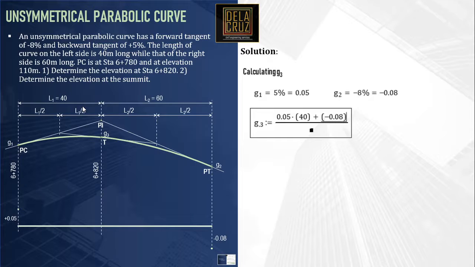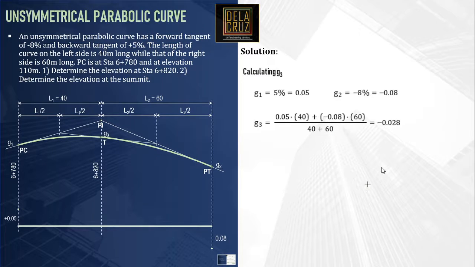We need to consider the sign there. Times L2, 60 meters, divided by L1 plus L2, or the total length, that is 40 plus 60, the L. So we have our G3 as negative 0.028.